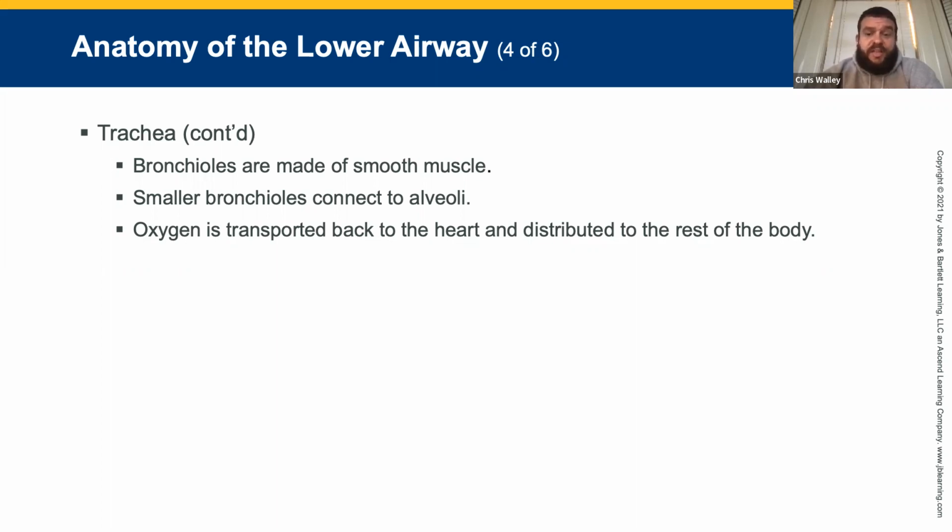Oxygen in the pulmonary capillaries is transported back to the heart and distributed to the rest of the body. The carbon dioxide diffuses from the pulmonary capillaries into the alveoli, where it is exhaled and removed from the body.